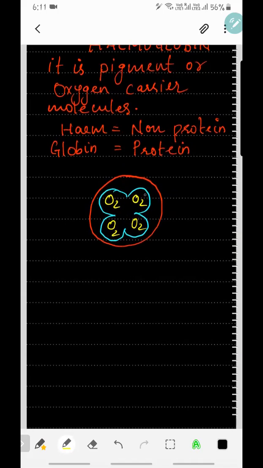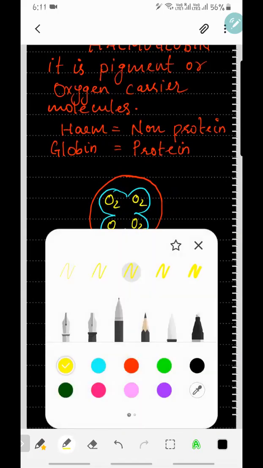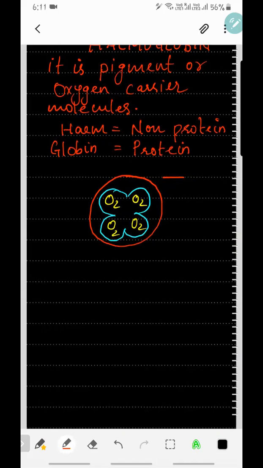Don't imagine that one RBC has one hemoglobin. This is the RBC. What color am I writing for hemoglobin? Aditya, what is the color I'm using for hemoglobin?